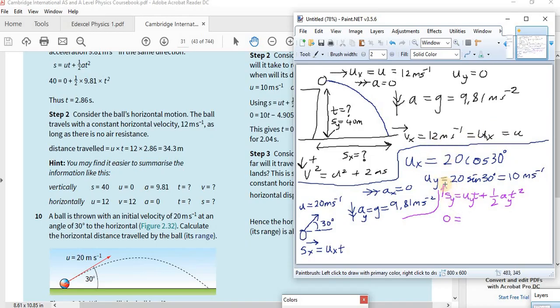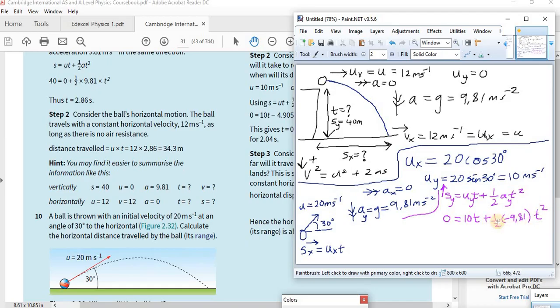And then uy is what? 10, then t is the time we need to find, plus half. Now since we took up as positive, downwards it will be minus 9.81. Then time is again what we need to find.